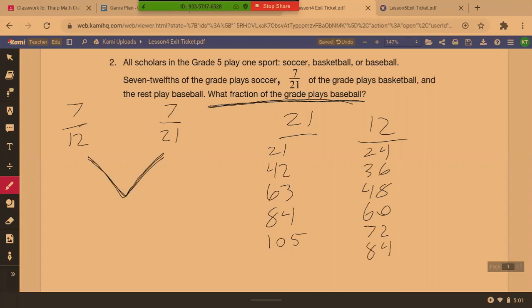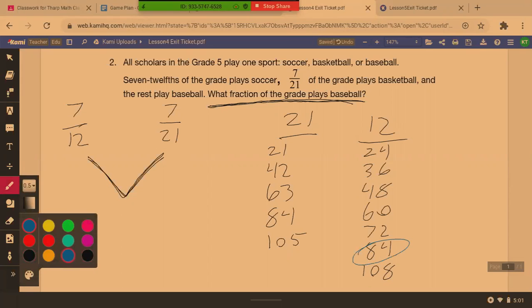Let's do 9 just to be safe. So what product do 21 and 12 have in common? 84. That is going to be our common denominator.